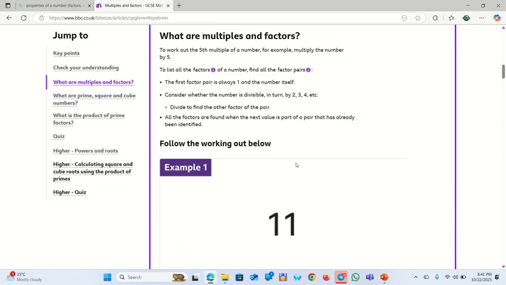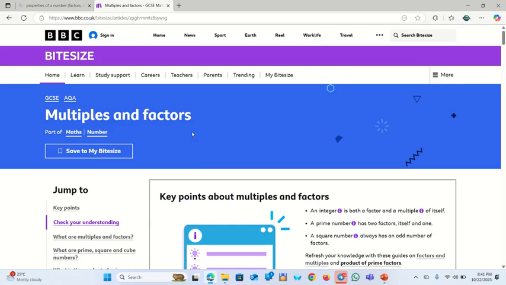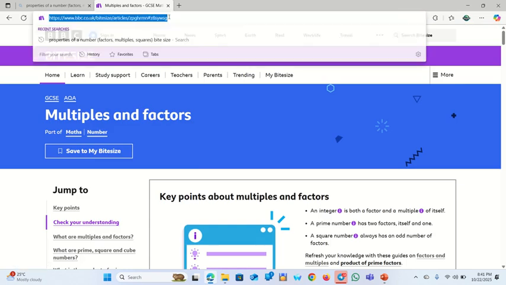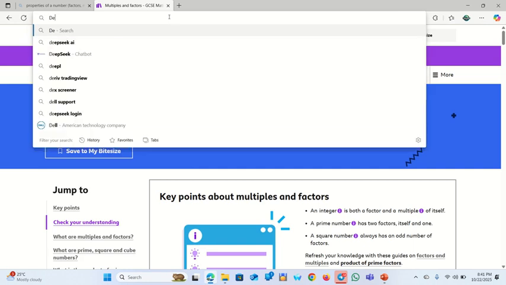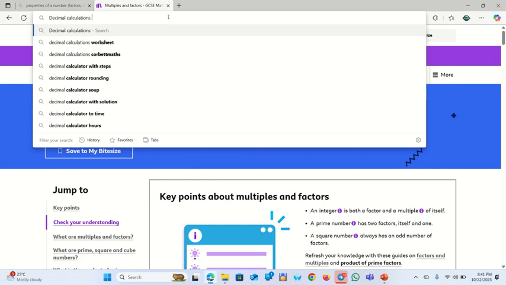So, let's go back to our curriculum document. Okay, let's look at decimal calculation. That's the next to talk about. Decimal calculation.